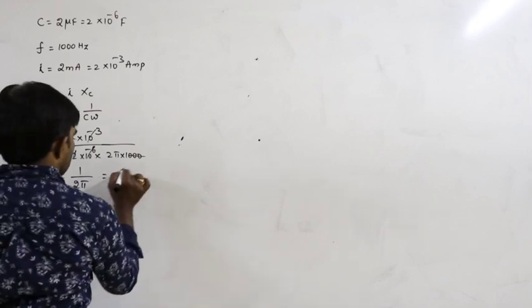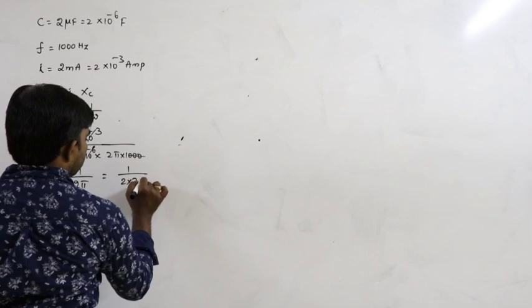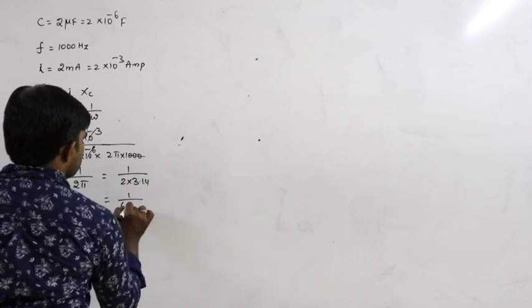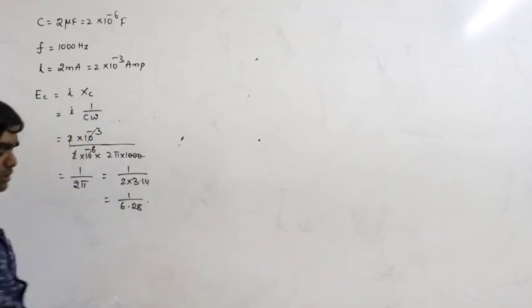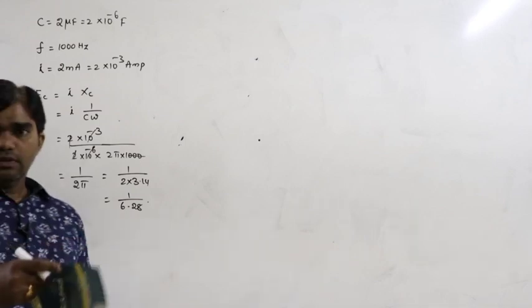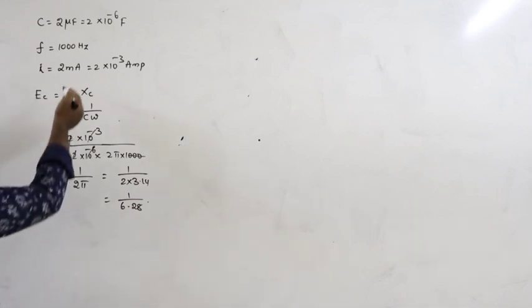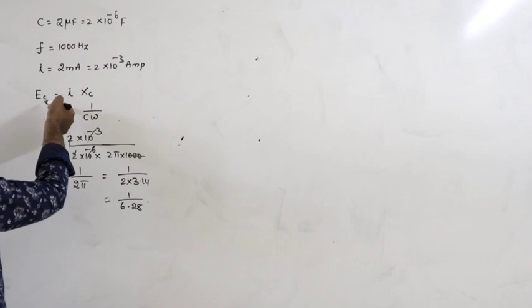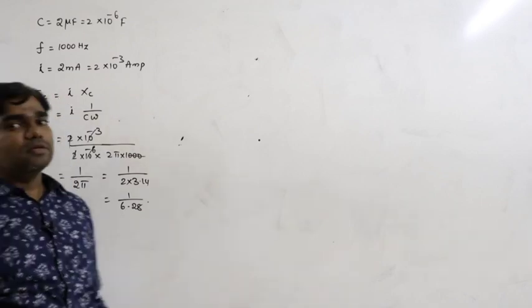So that is 1 by 2 into 3.14, that is 1 by 6.28 volts. What is this? RMS only. The given current is RMS, so the calculated potential is also RMS.